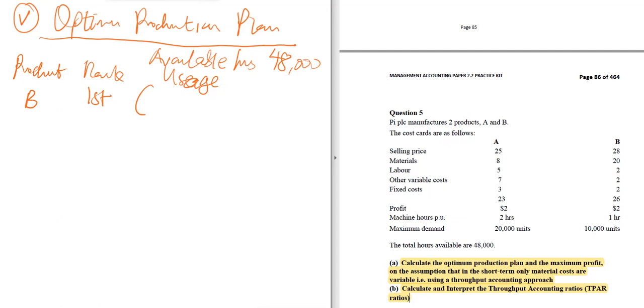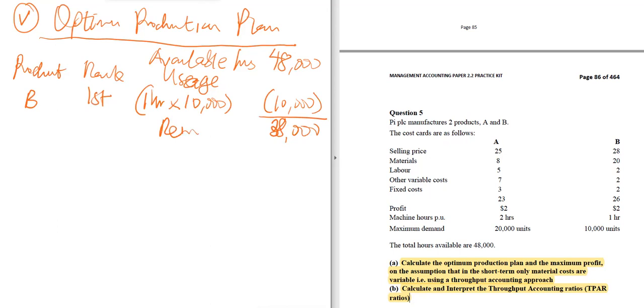How many hours do we need overall? We know that for this product, we need 1 hour to produce, but we are producing 10,000 units. That means overall we need 10,000 hours. Can we take off from the 48? Yes. So if we are producing 10,000, that means you have 38,000 hours remaining.